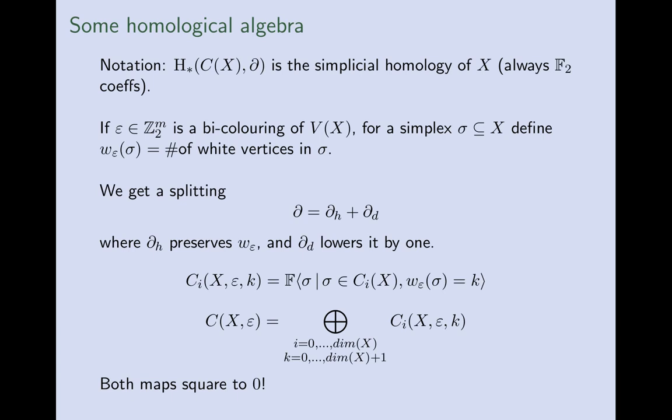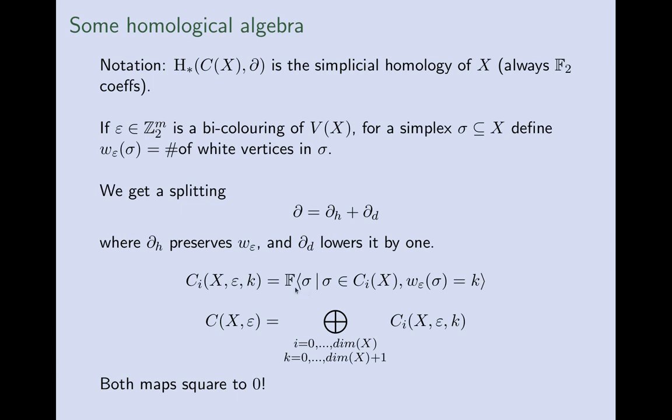While for the diagonal differential, we have the opposite behavior, inverting the two colors. So we can also define this complex here, C_i of x, depending on the coloring epsilon, in coloring degree k.